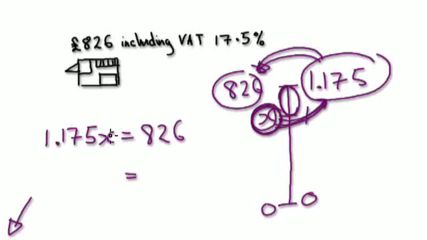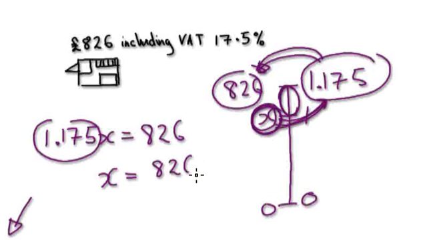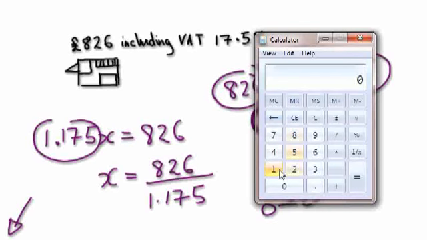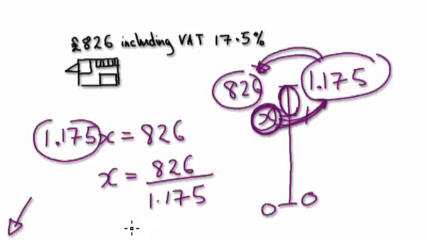Now it's just a matter of working out x. So divide both sides by this number here. So x will be 826 divided by 1.175. Now you would jump to your calculator. 826 divided by 1.175 equals 702.